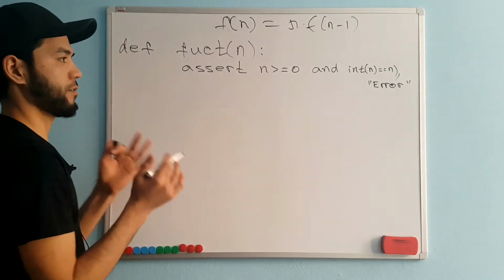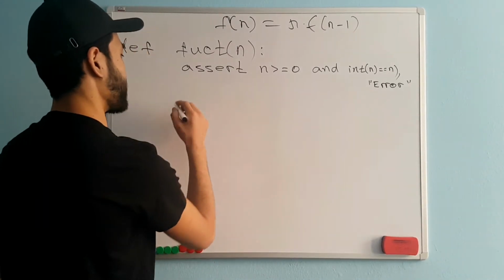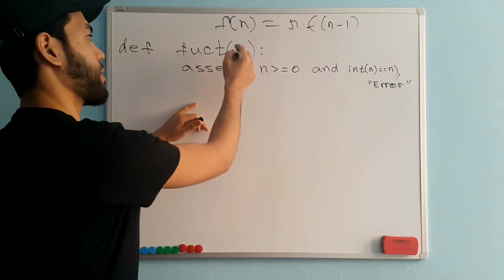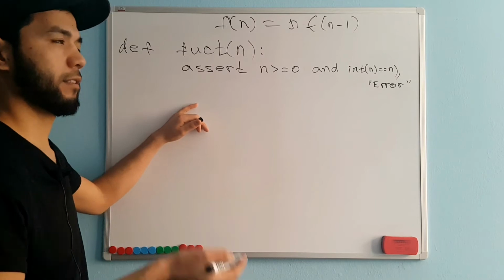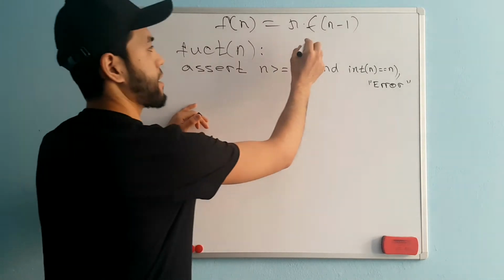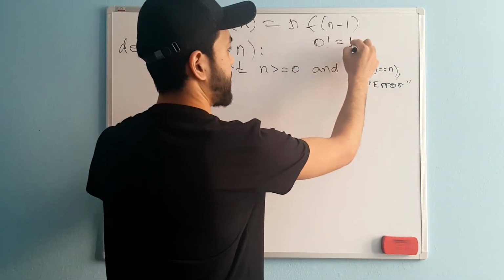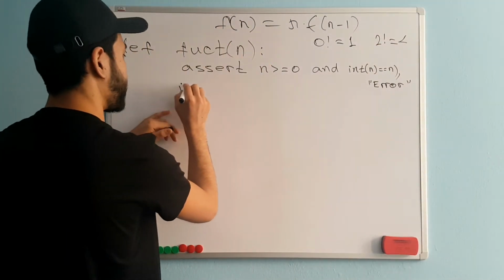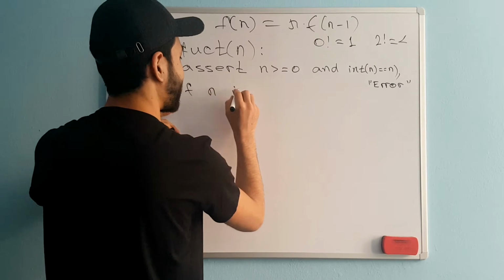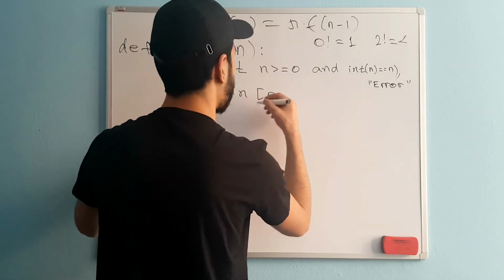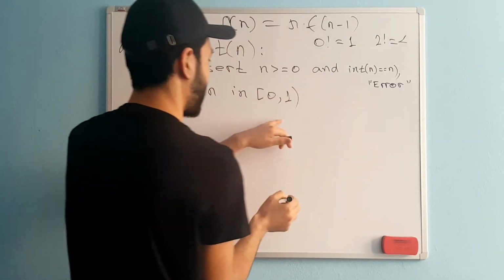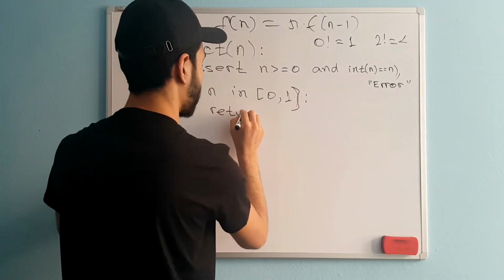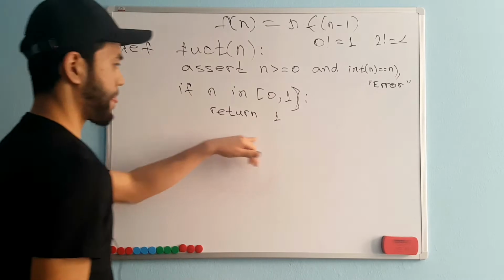After that line is executed, if it does not return an error, I will go to the second line, which is the if condition. If our input is equal to 0 or 1, we know that 0 factorial is equal to 1 and 1 factorial is equal to 1. So if our input is 0 or 1, we return 1.